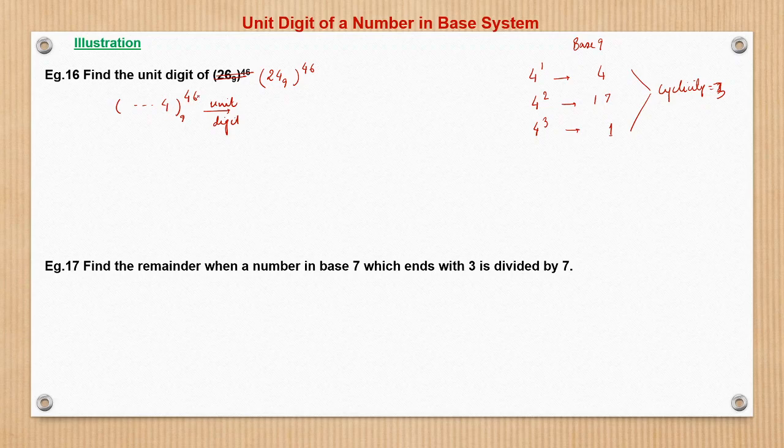Here the power of 4 is 46, which is in the form of 3k plus 1, right? 45 plus 1, in base 9. And we know 4 raised to power 3k has a unit digit of 1. So here the unit digit becomes 1 into 4. Or basically we could have seen directly that 46 is just the first power of the cycle, which is 4, so we could have written 4 directly.